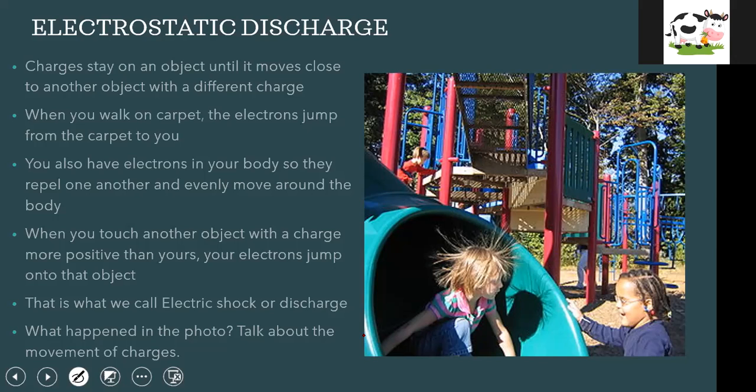Sophia? Negative and positive. That's right. There's always going to be a bit of both, but because we're a little more electronegative, when you slide down, maybe some of our electrons are getting onto the slide, and so our hair starts repelling each other because they become positive.